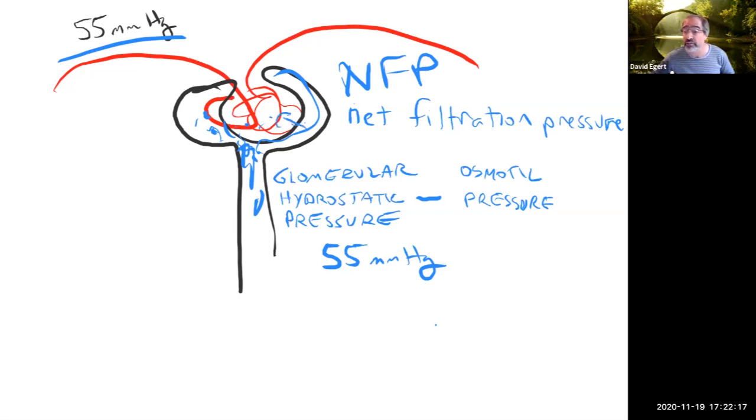Kind of the same thing we saw in the continuous capillary beds, right? So the osmotic pressure ends up being pretty big, around 30 millimeters of mercury. And then you also get the back pressure. The more you shove water into this limited space, the more back pressure builds up. We call this the capsular hydrostatic pressure.